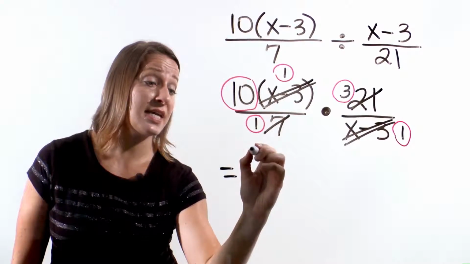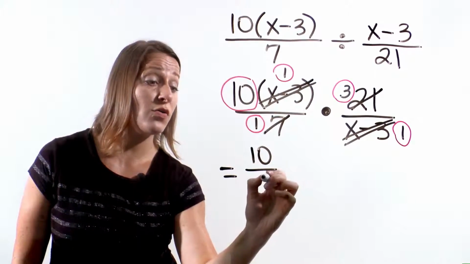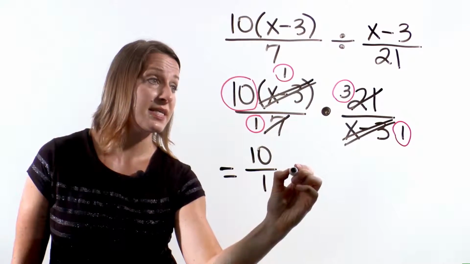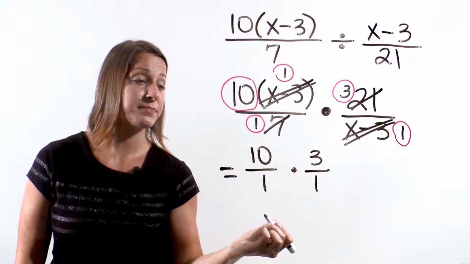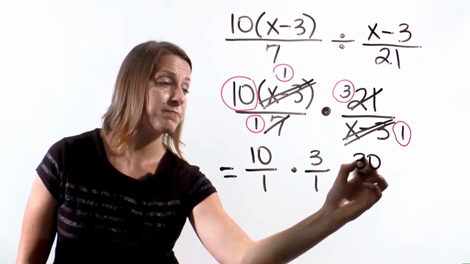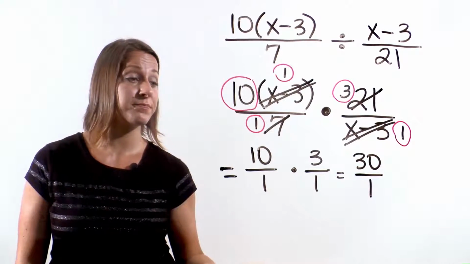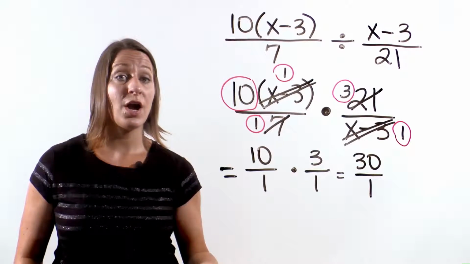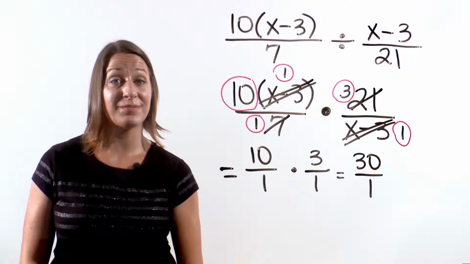So this now looks like 10 times 1, which is 10, over 1, times 3 over 1. 10 times 3 is 30. 1 times 1 is 1. So for this problem, our answer is 30 over 1, or just simply 30.